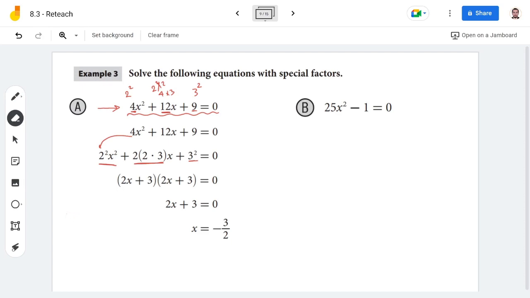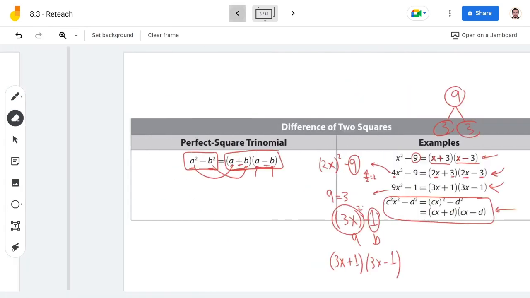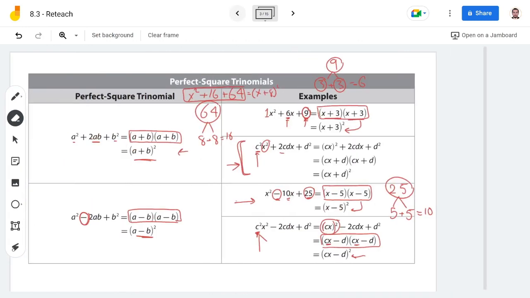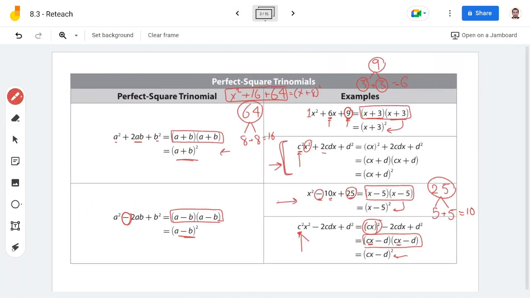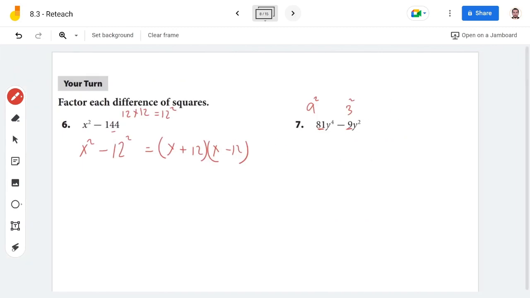Let me show you the rule: c squared x squared minus 2cdx, which is c times d, plus d squared, we can write as (cx minus d) and (cx minus d). If you follow this, you will be able to solve the question perfectly.